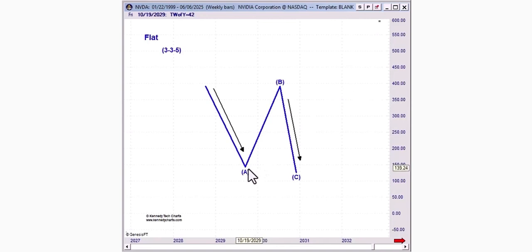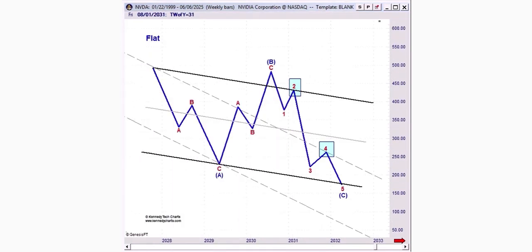In other words, wave B must retrace at least 80% of wave A to be a wave B, because if you have a three-wave decline in wave A and then a three-wave rally in what you think is going to be wave B of a flat, but you stop at the 60% retracement instead of the 80% retracement, then the more appropriate interpretation would be WXY, or a complex correction, or what I like to call an extended correction. Okay, now let's move on.